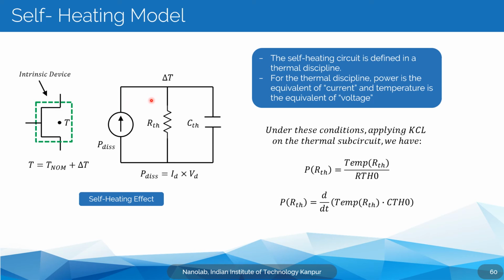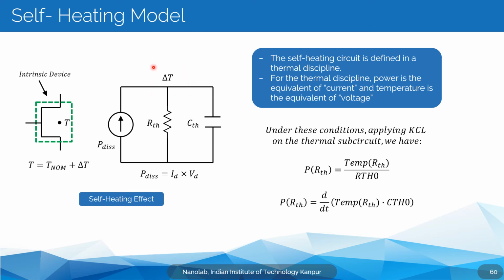Once you have a current running through the system, that current goes through this resistor and creates a drop. As I said before, the drop in a thermal circuit is not voltage, but temperature. So the temperature at this thermal node starts to increase.